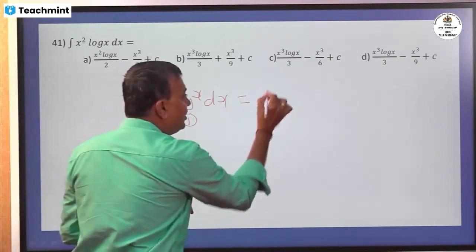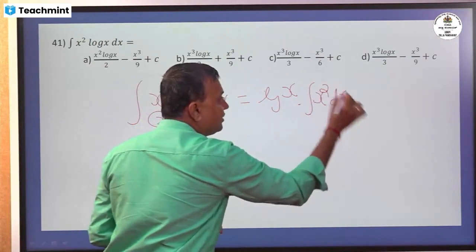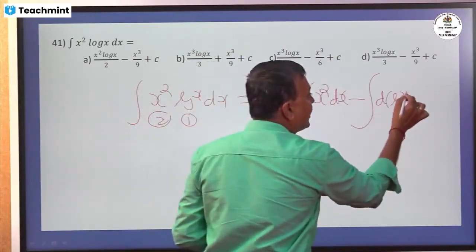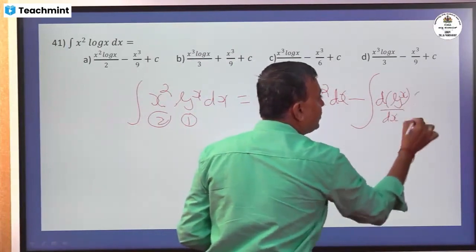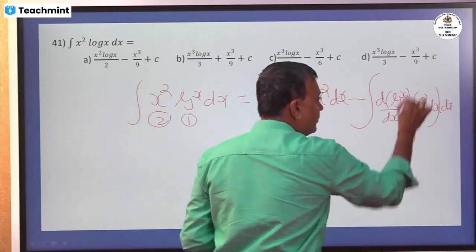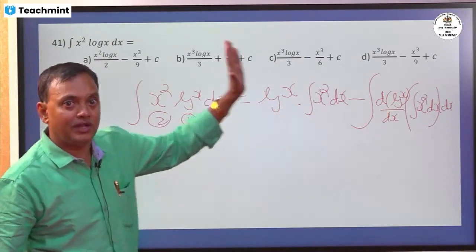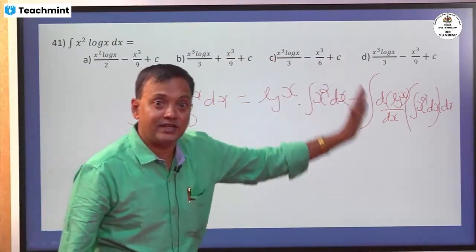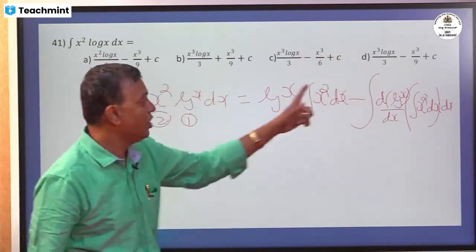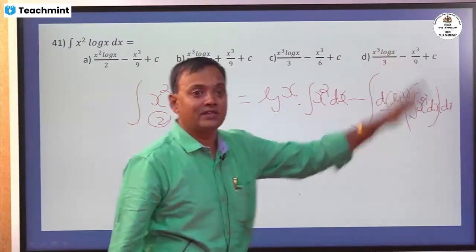So it is first function into integral of second function minus integral of derivative of first function into integral of second function, correct? So this is integration by parts. First function into integral of second function minus integral of derivative of first function into integral of second function.